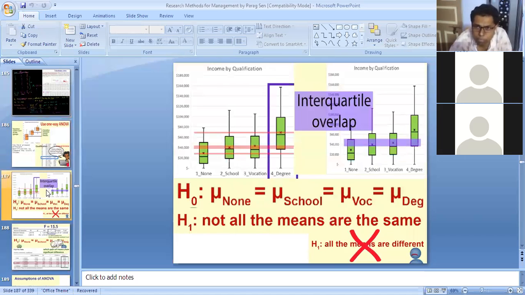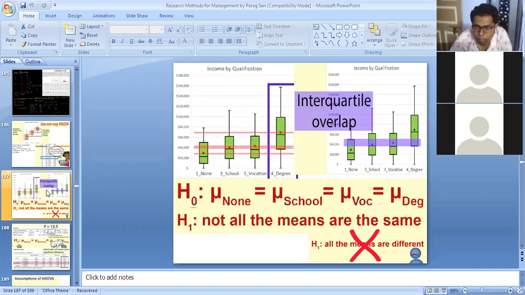Okay, and obviously this will be one-way ANOVA. Whenever we use the term ANOVA, it means simply one-way ANOVA. One-way ANOVA means there will be one dependent variable and one independent variable. But if there is one dependent variable and two independent variables, then you will say that is two-way ANOVA.